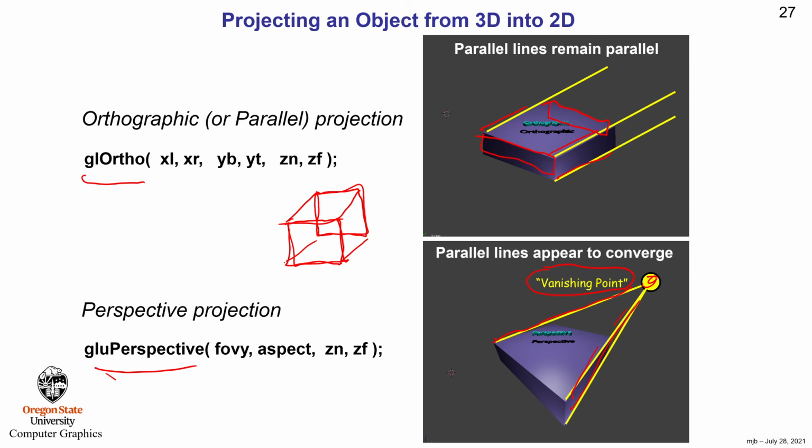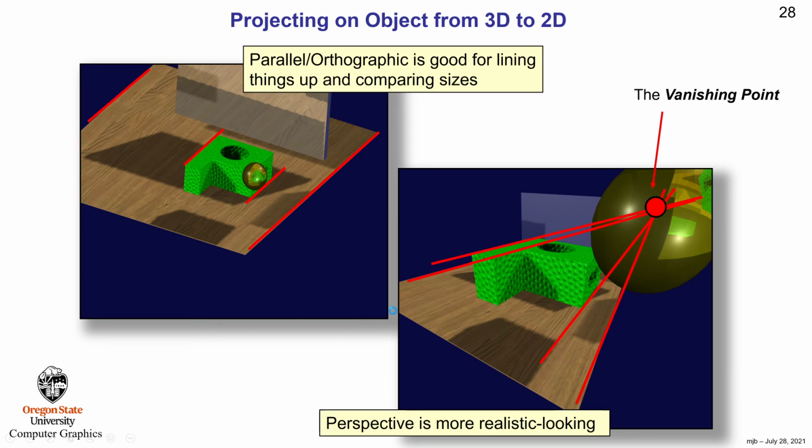Artists have used this for centuries: pick a point and make all the lines converge at that point. That's called the vanishing point. So here's a perspective drawing. There's the vanishing point. Here's the same thing in orthographic. The orthographic looks strange, but again, we usually use it just for comparing sizes.